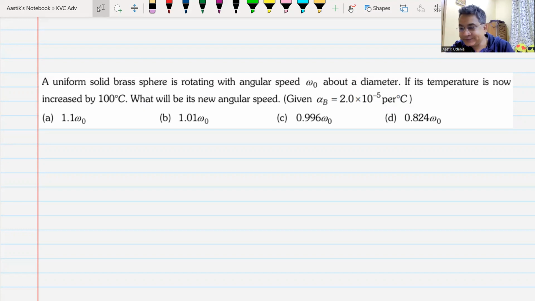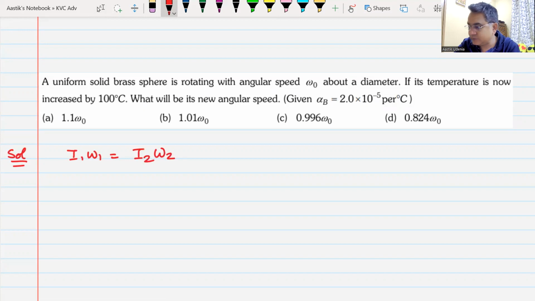How did you get it? Sir, I1 omega 1 equals I2 omega 2. Okay. I1 omega 1 is equal to I2 omega 2. So I is 2 by 5 into m into r square.